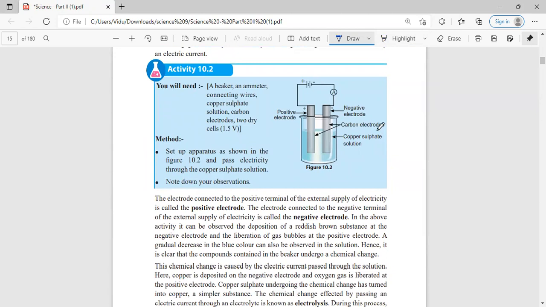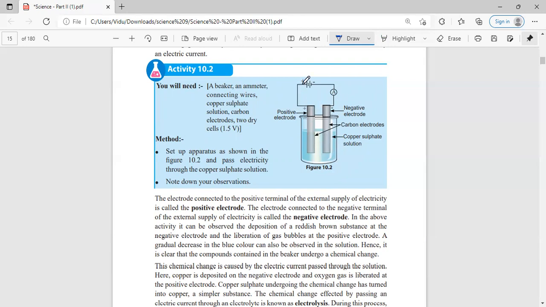In activity 10.2, you need a beaker, ammeter, connecting wires, copper sulfate solution, carbon electrodes, and 2 dry cells.